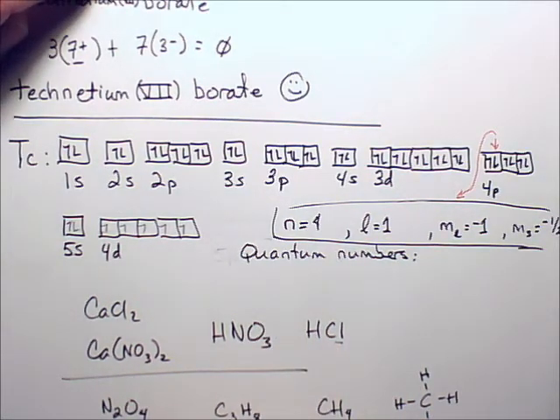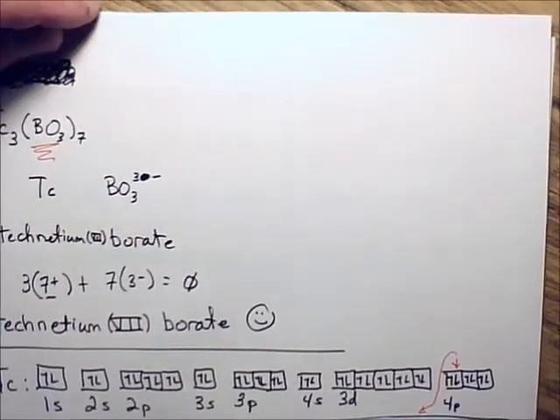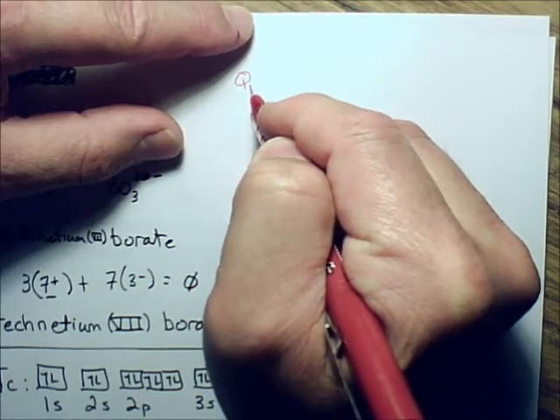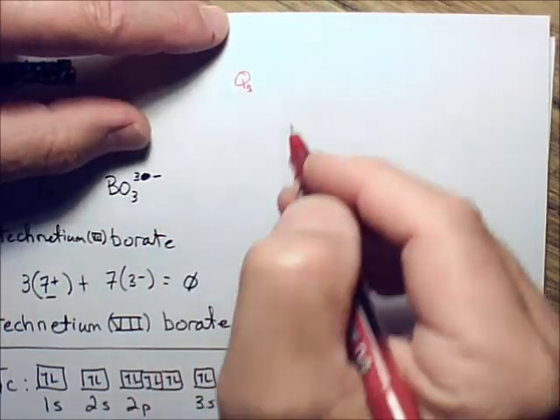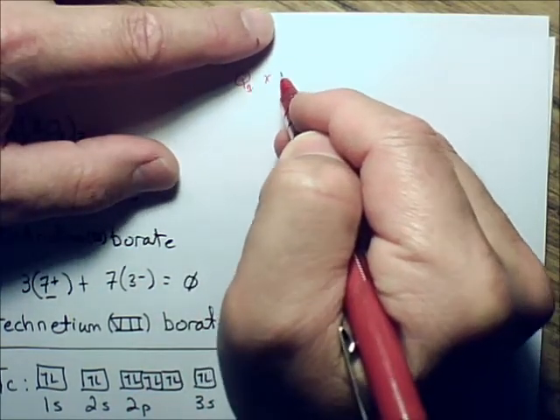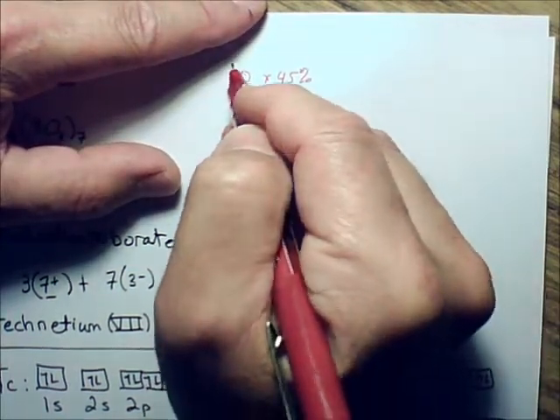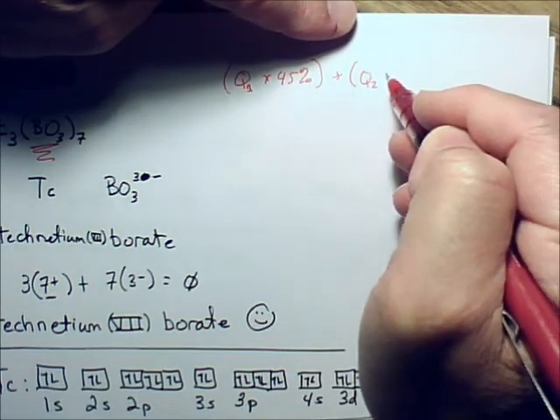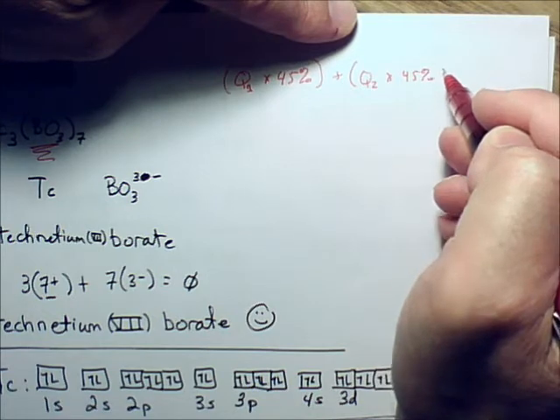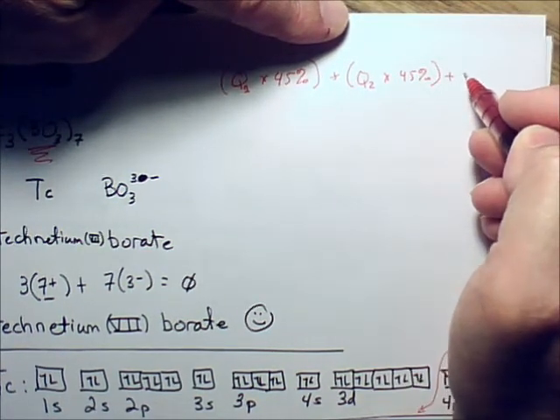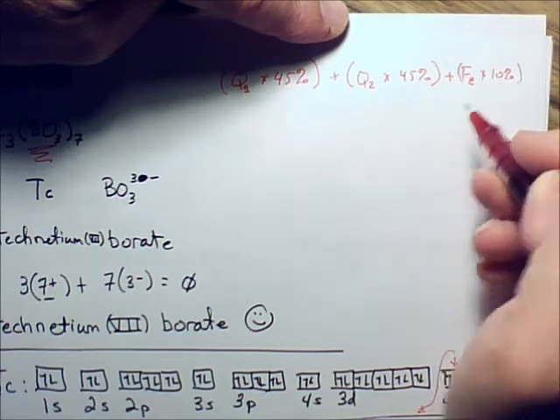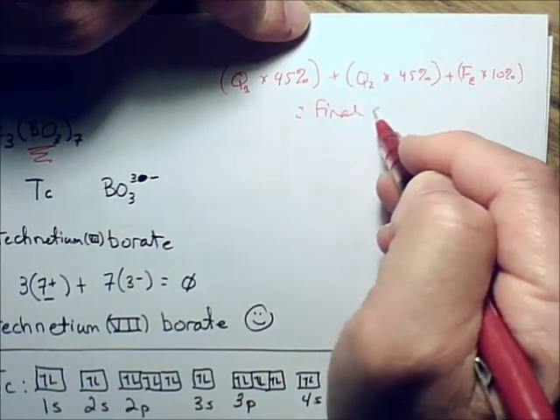What's going to happen as far as your overall grade for this semester is the first quarter is going to be worth 45% of your grade. And then quarter 2 is worth 45% of your grade. And then your final exam is worth 10% of your grade. And that's how you get your final grade.